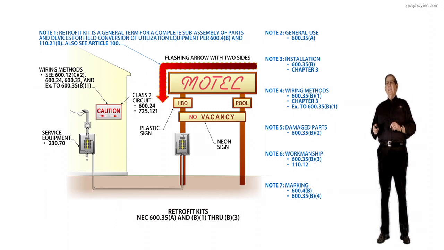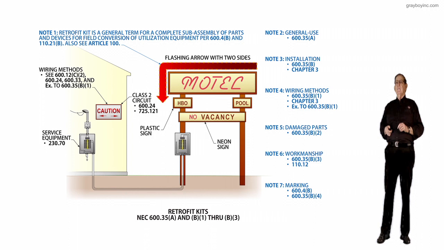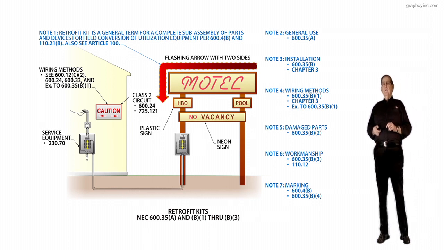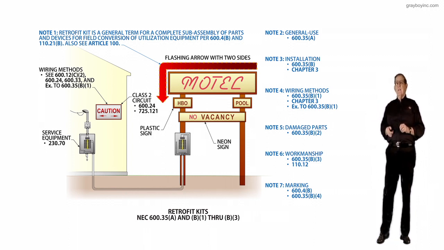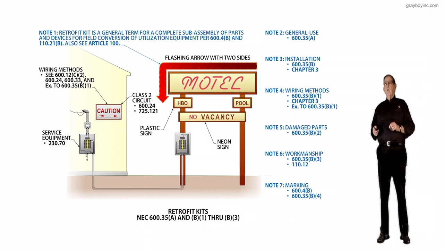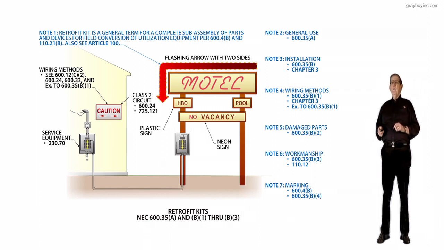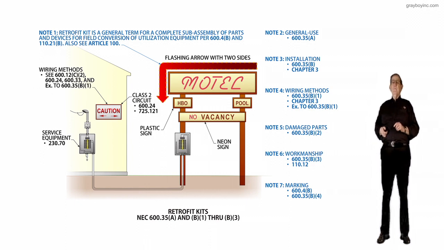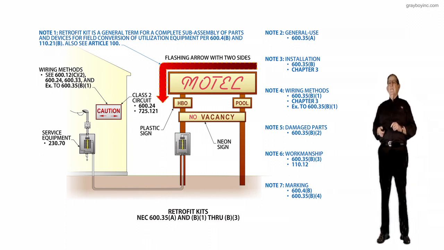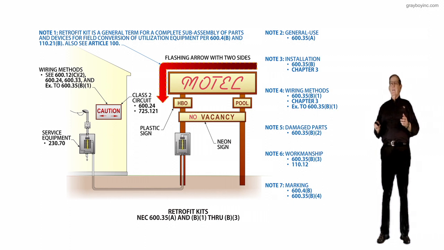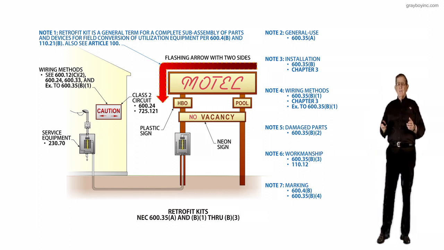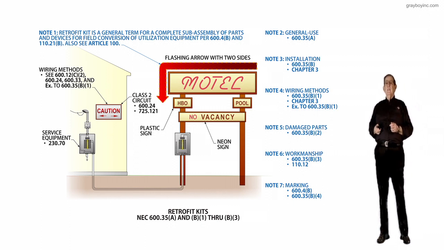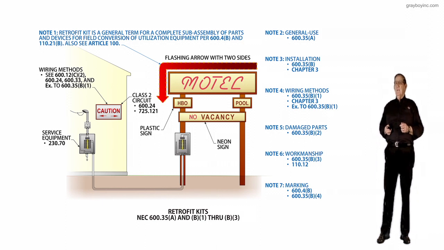Note 5, damaged parts, 600.35(B)(2), where damage could occur to a sign for any reason.